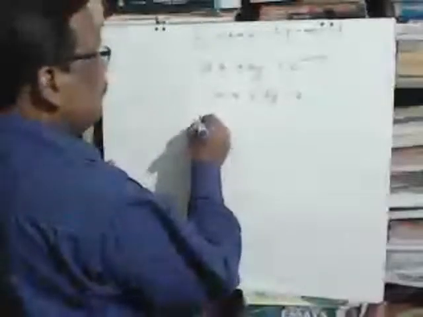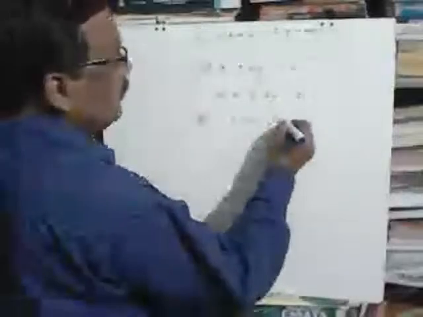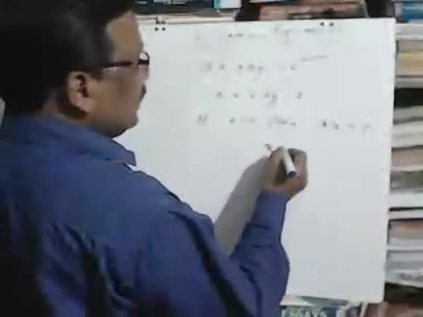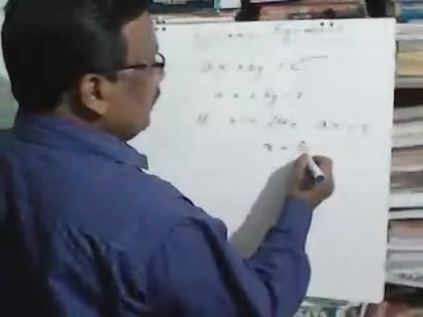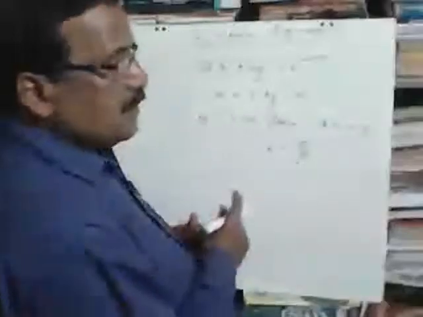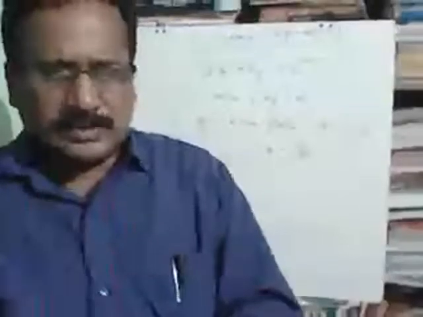If b equal to 0, then our equation becomes ax equal to c. Then you can write x equal to c by a, which is the same as x equal to a constant.